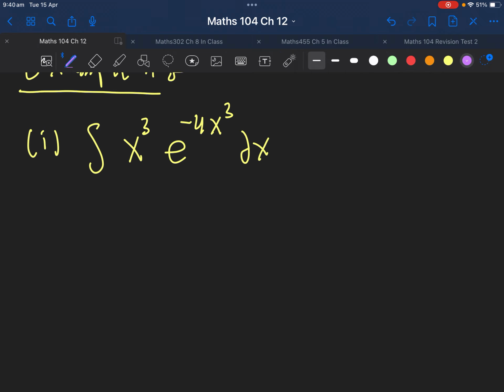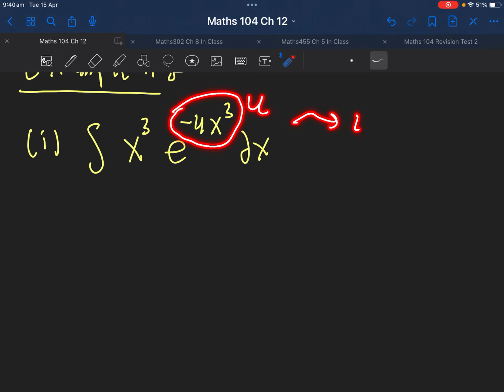I'll go to this example. Now, remember, I have to look at this one and consider it as u. And then ask yourself, what is u prime?